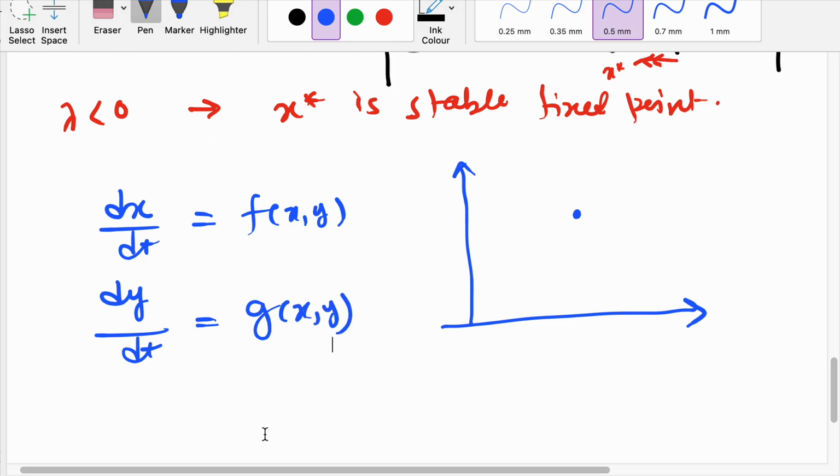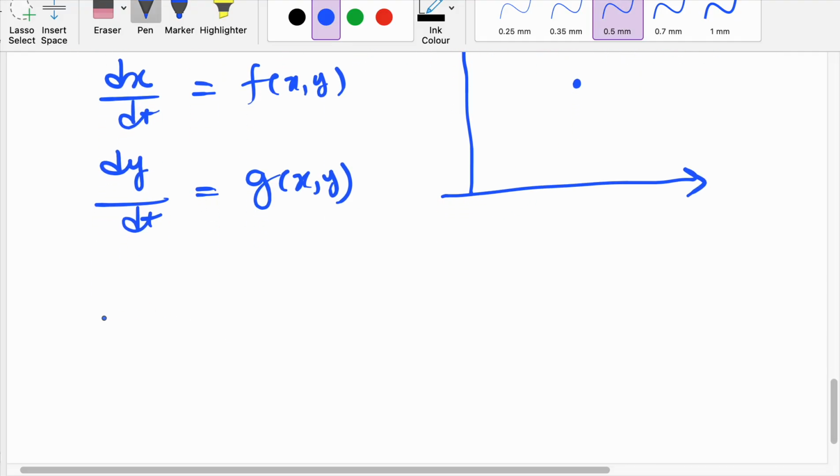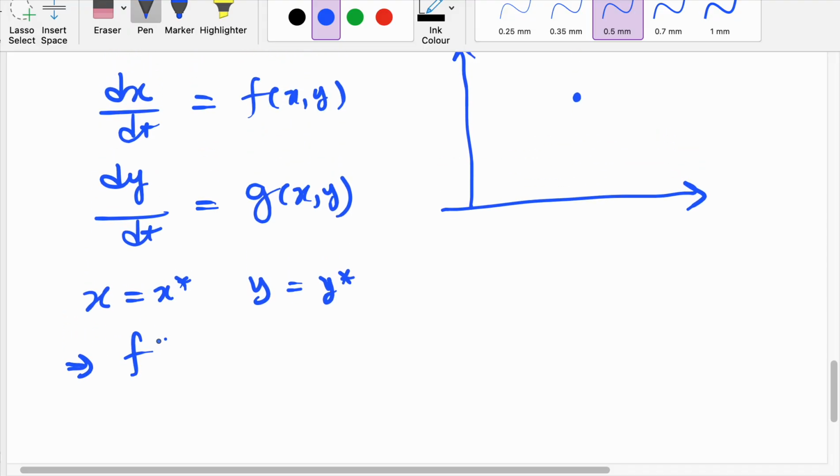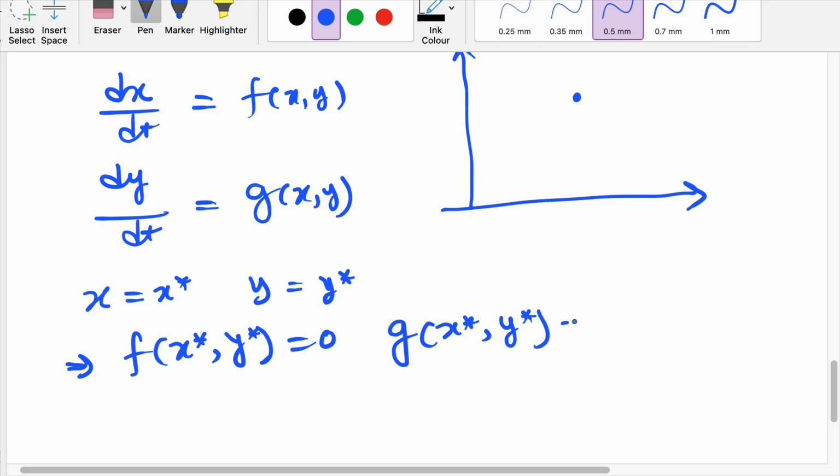So I will say my system will achieve a fixed point when both the velocities will be 0 at this point. So the definition of a fixed point is: if x equal to x star and y equal to y star is a fixed point, then f of x star comma y star equal to 0 and g of x star comma y star equal to 0.